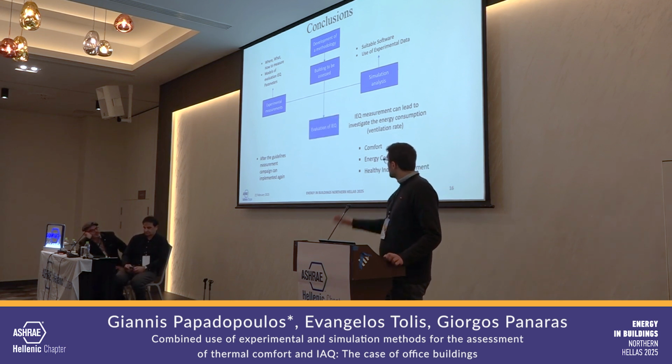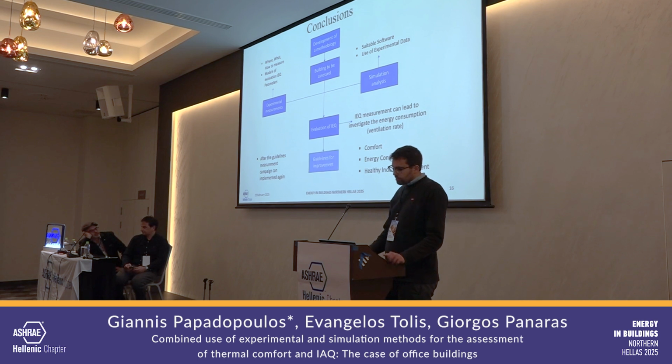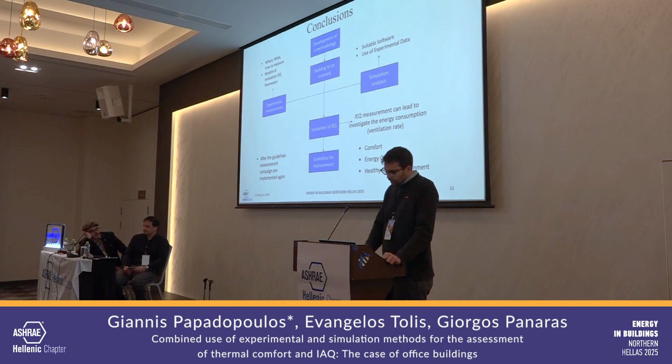So with the two measures you can evaluate the indoor environmental quality, and then this methodology can give some guidelines for improvement to the users, so we can achieve comfort, energy savings, and healthy indoor environmental quality.